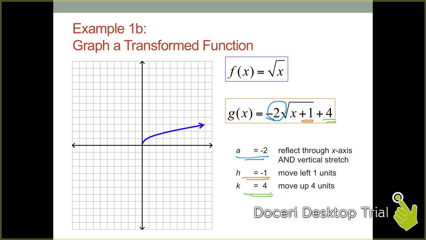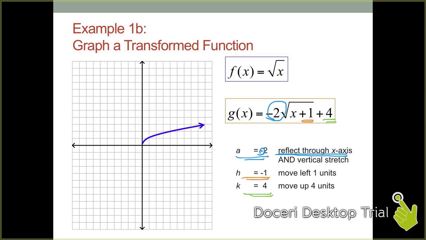Now let's go back and talk a little bit about that a value. I said that a was -2, and there are two different effects that number is going to have. The first effect is that we're going to reflect through the x-axis because it's negative.